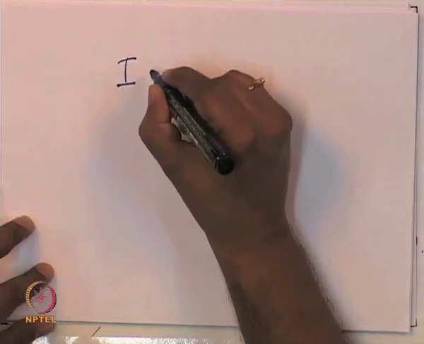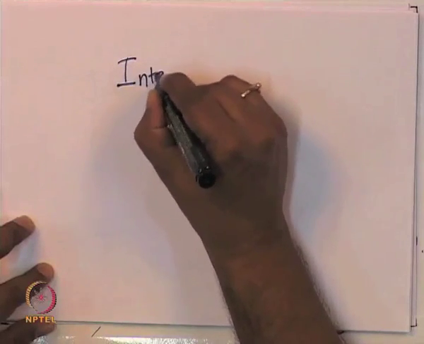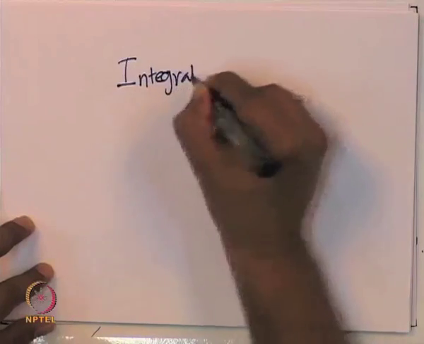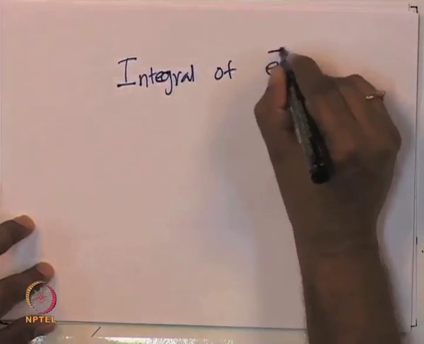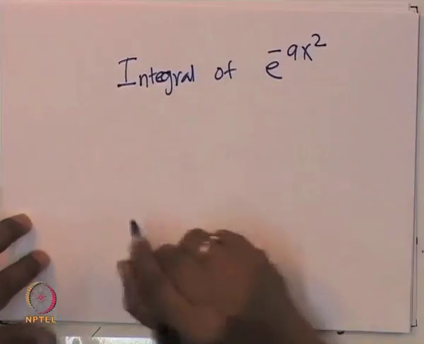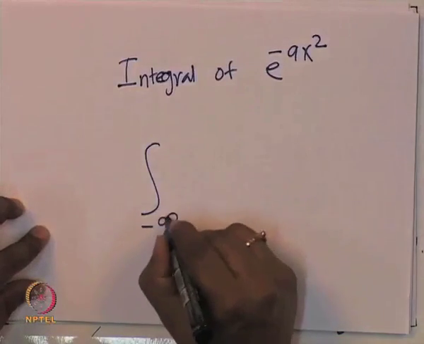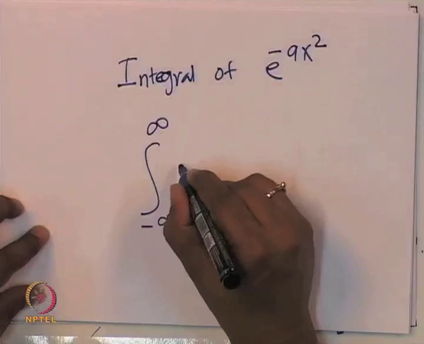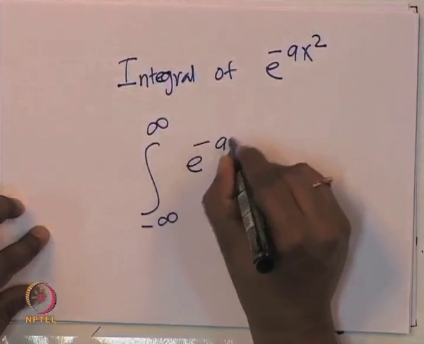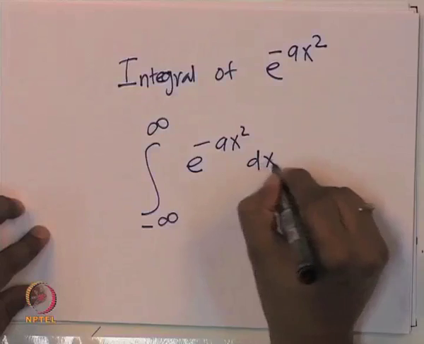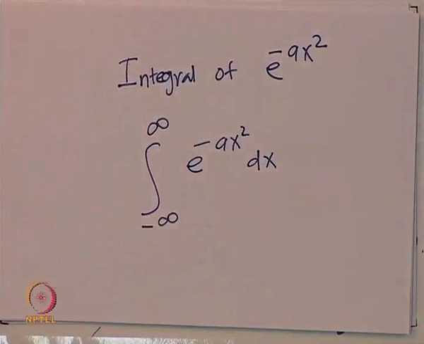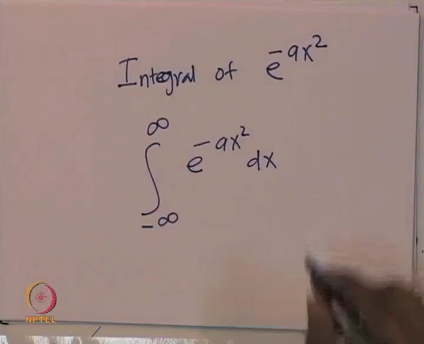So, what we want to calculate is the integral of e power minus a x square. This is the Gaussian function. So, what we want to calculate is integral minus infinity to infinity e power minus a x square dx. We even discussed the answer, but how do we get the answer?